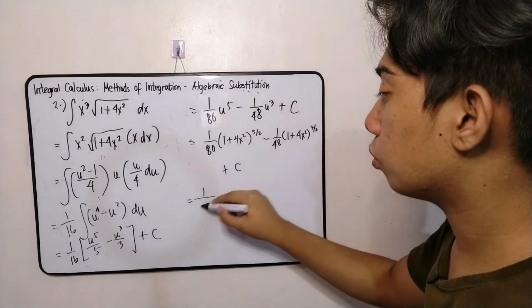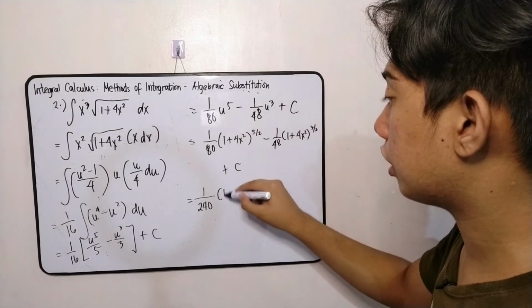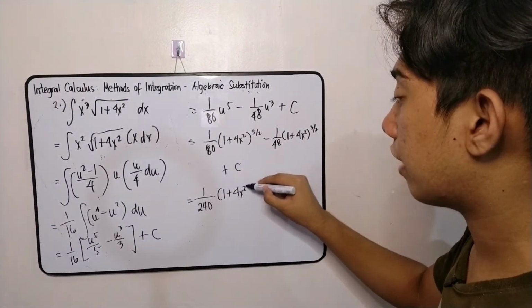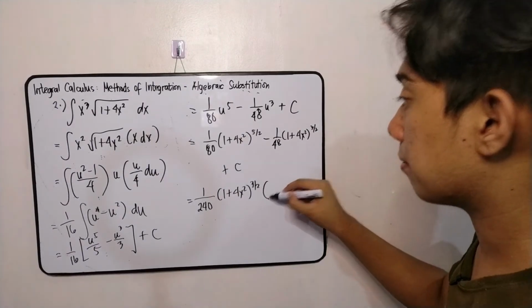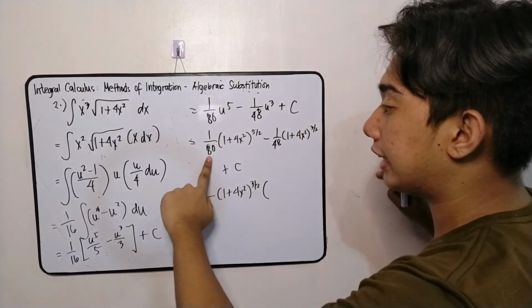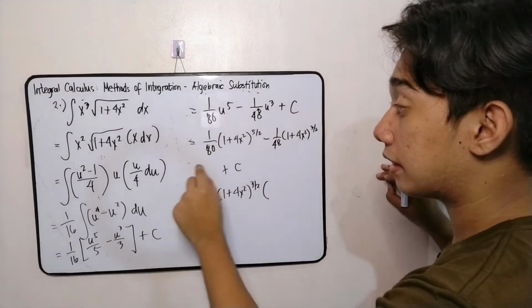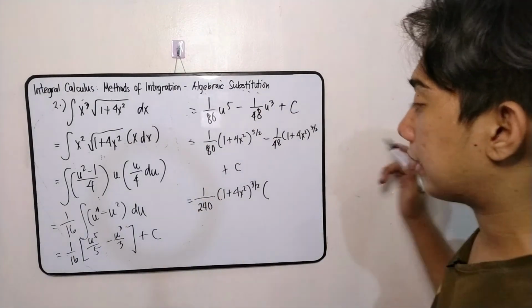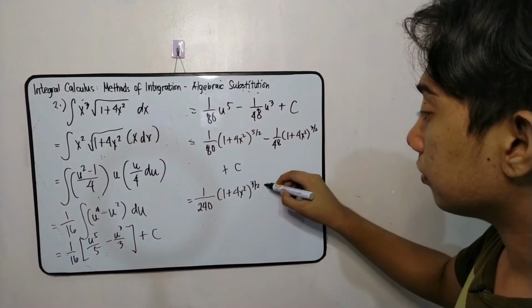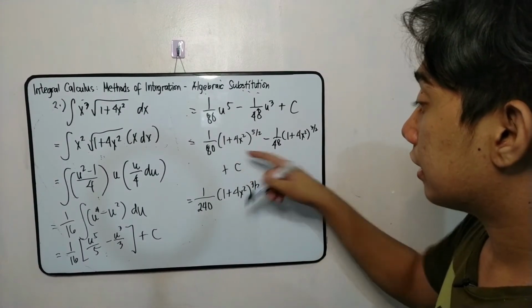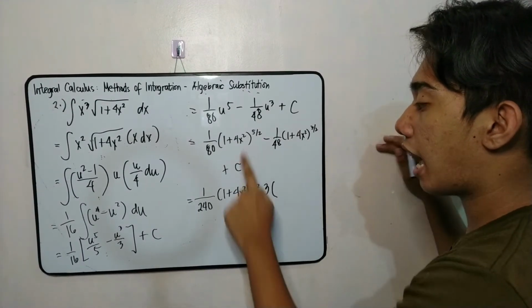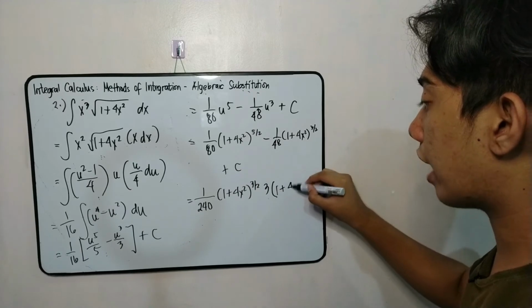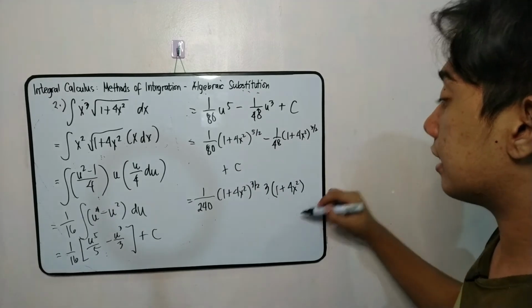Okay? So, 240 times quantity 1 plus 4x squared raised to 3 halves times 240 divided by 80 here, we got 3. So, 3 ang matitira dito times, since we factored 3 halves, ang matitira na lang is 1 plus 4x squared. Okay?